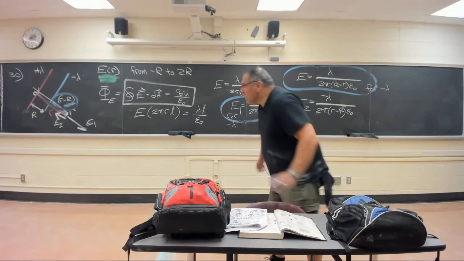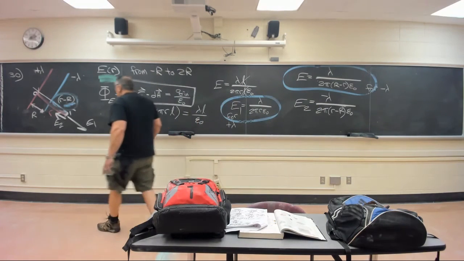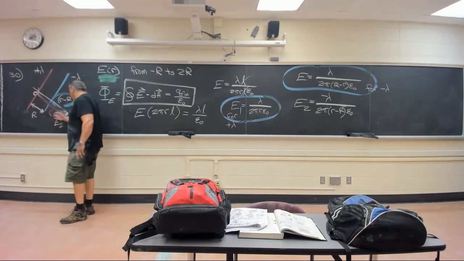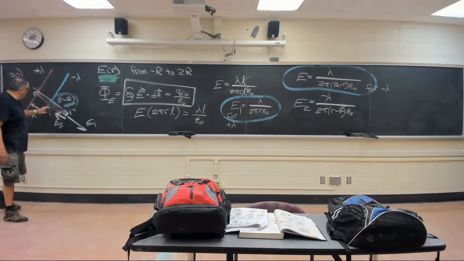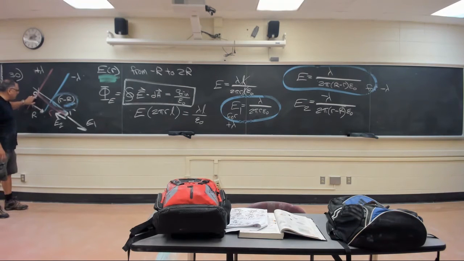Right. So let's look at all the scenarios. Go from 0, go red here, from 0 to r. 0 to small r. And then the other one goes from 0 to small r, so this goes a distance from 0 to small r.